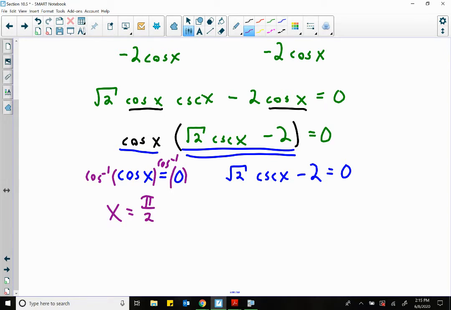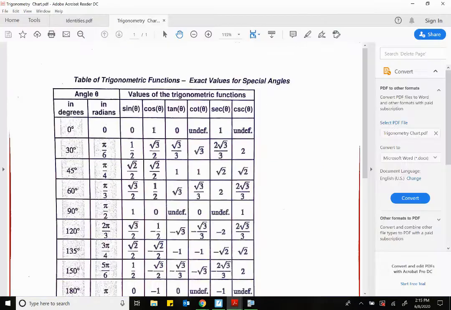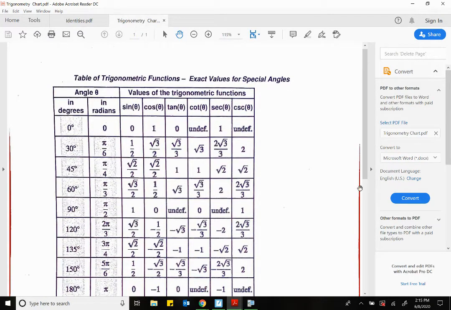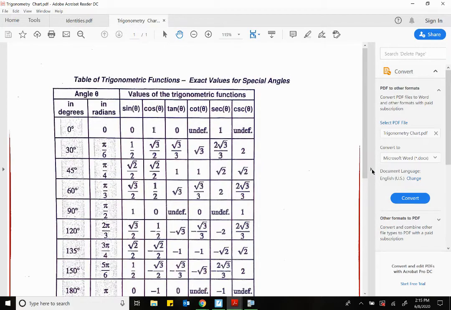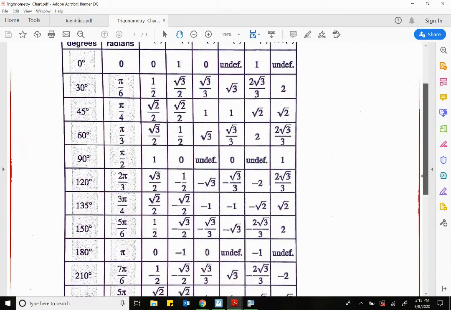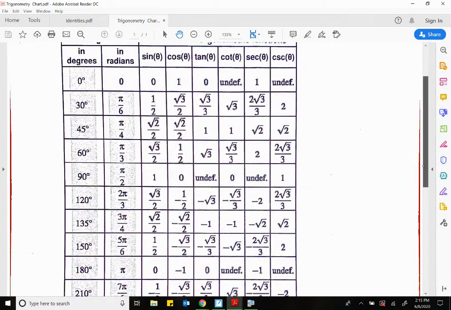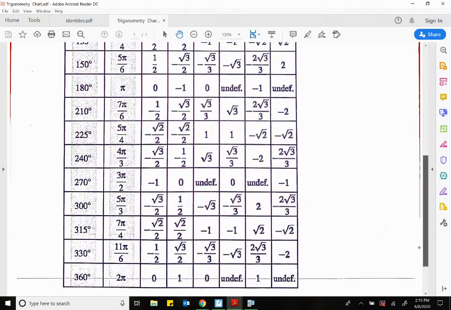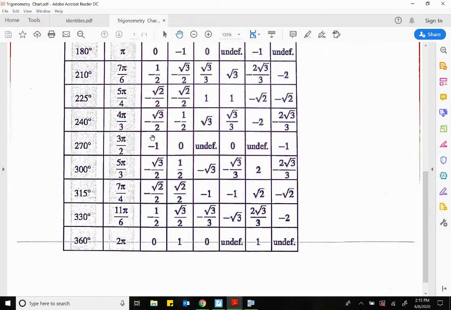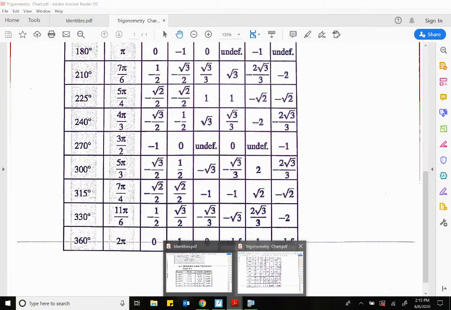Now, is there any other place where cosine is 0? Scroll down. I think there might be one other place. There it is, right here at 3 pi over 2.